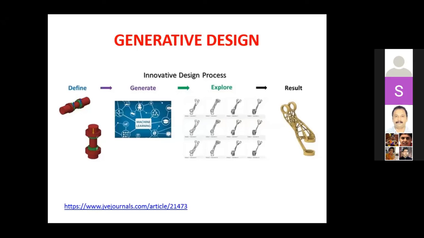In the earlier slide where I made you aware about deep learning algorithms, using those algorithms you can see how many newer designs are being offered. So these are the designs generated through software using these technologies. You can see one classic example of digital twin, where we can develop a smart system for developing a product.